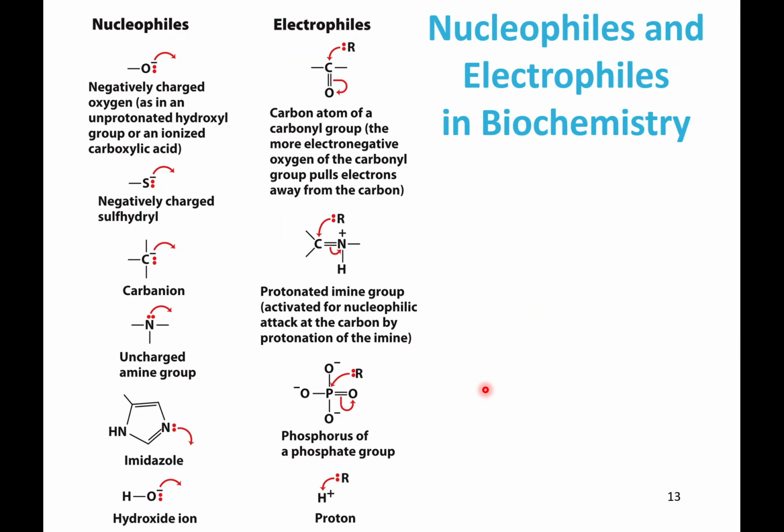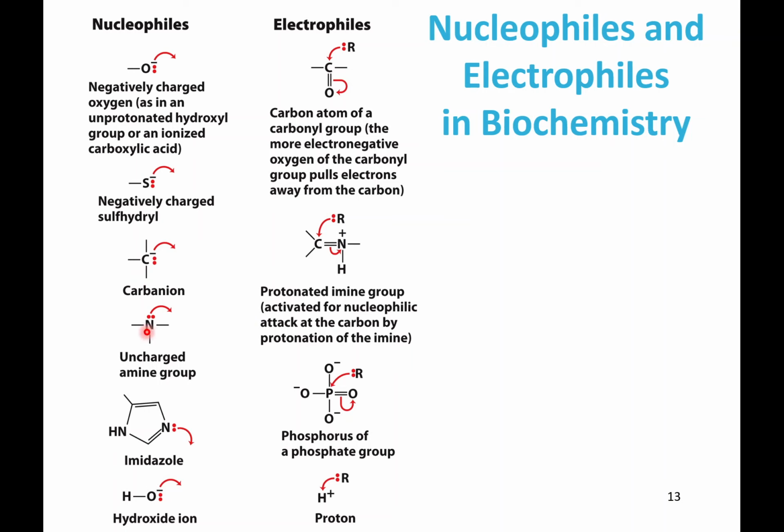Going a little bit deeper, nucleophiles are things that have unpaired electrons, or even a complete negative charge. Oxygen is one, and sulfur in the form of a sulfhydryl group. Carbanions, where the carbon has a negative charge, we'll see examples of these.